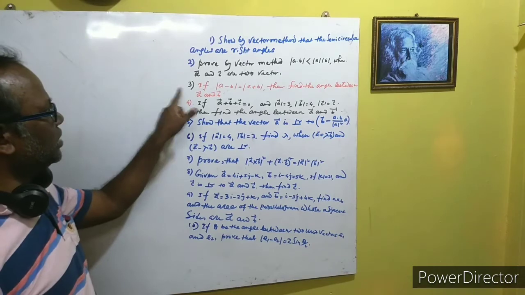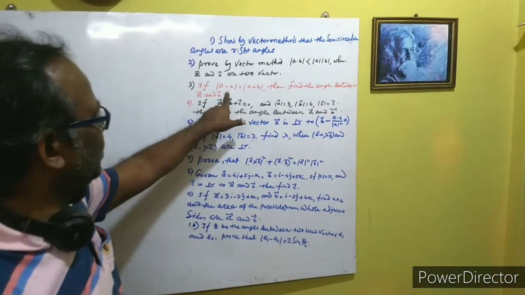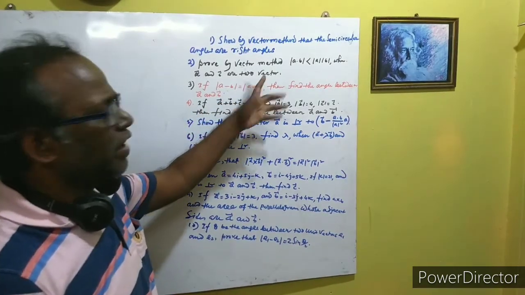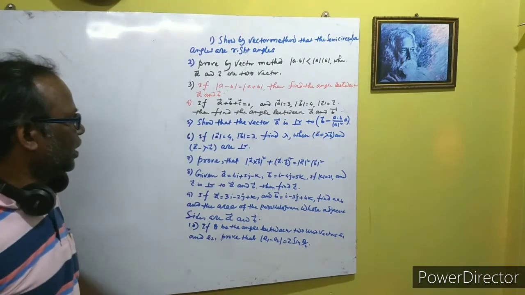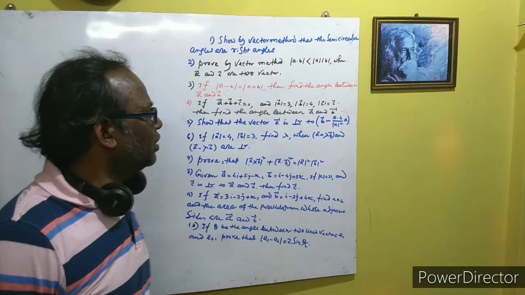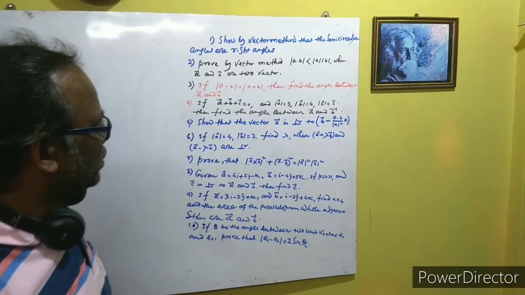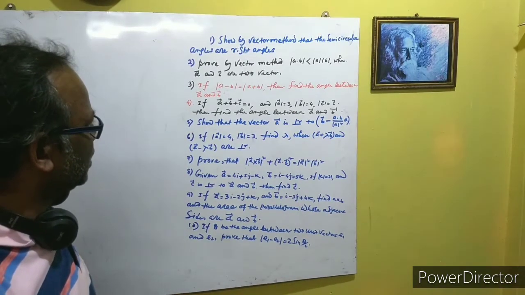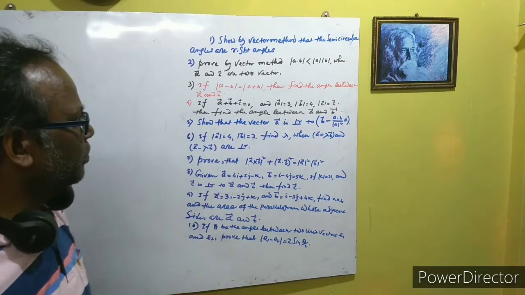Third, if mod of A minus B is equal to mod of A plus B, then find the angle between them. If the sum of three vectors is 0 and mod A, mod B, mod C are given as 3, 4, and 6, then find the angle between A and B.